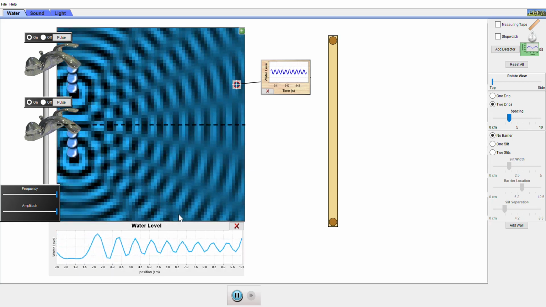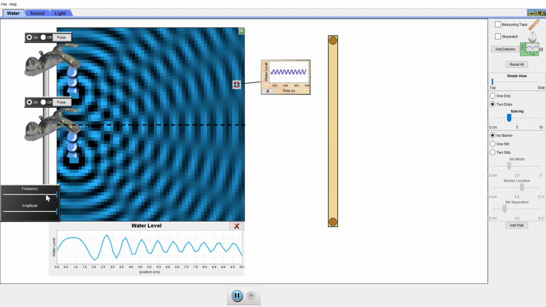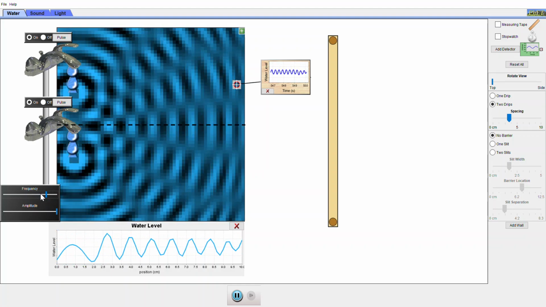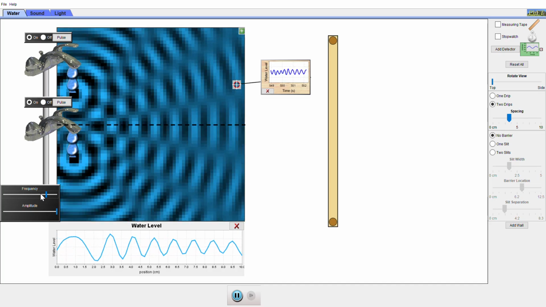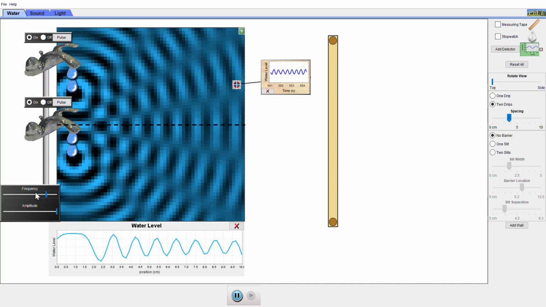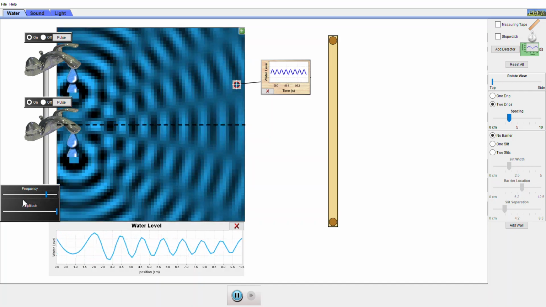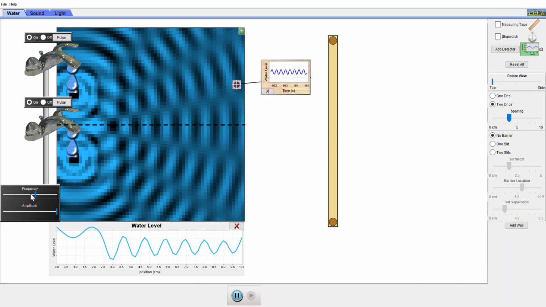Now I'm going to adjust the frequency, turn it down a little bit, and see how that changes the pattern. Okay. Now I turn the frequency down about 1/4, and now we have 1, 2, 3, 4, 5, 6 rays. Let's set it to about halfway.